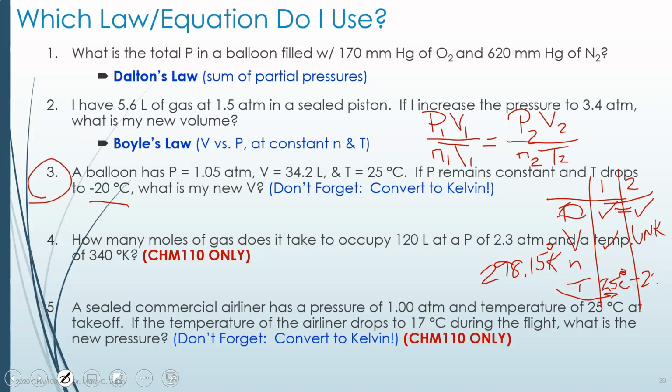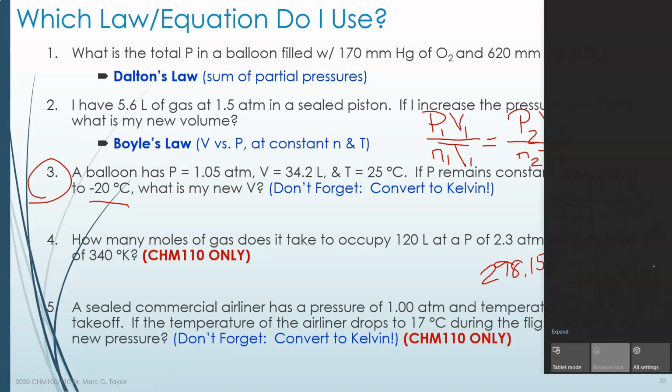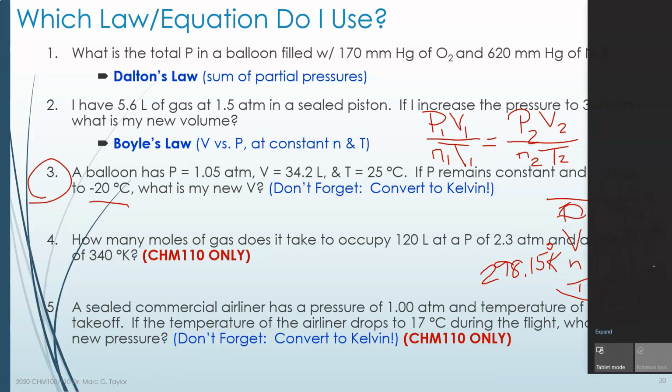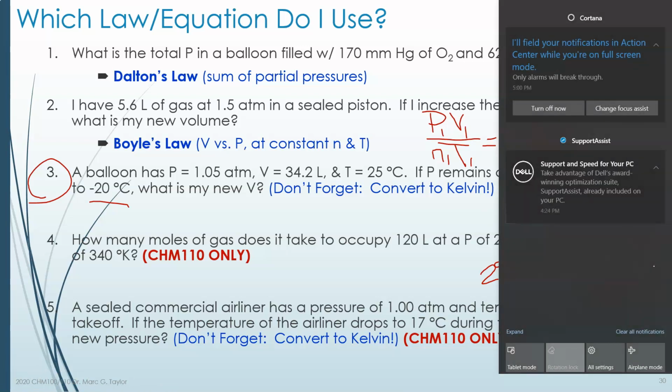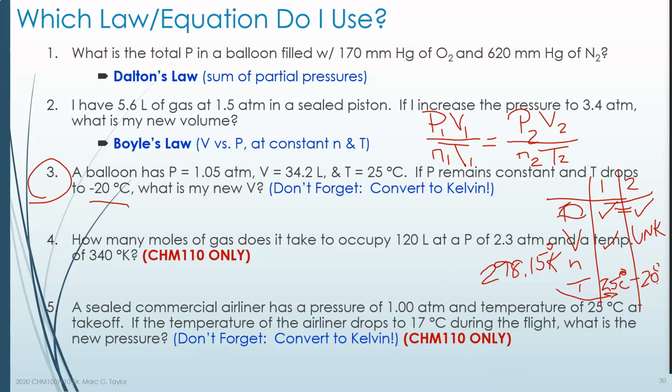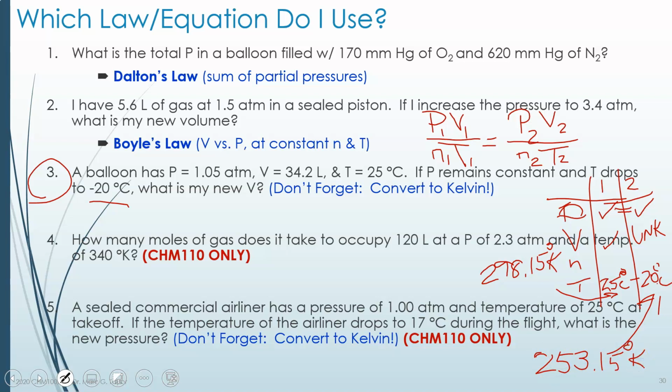Make sure you label that it's centigrade. And we'll convert that one as well. So minus 20 degrees would be 253.15 degrees Kelvin. And we put that in our table.